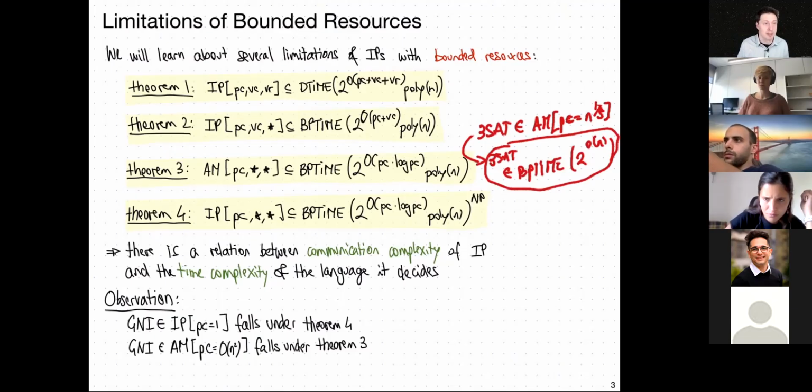Namely, it is believed that 3SAT cannot be decided by either a deterministic or even probabilistic machine in time that is 2 to the little o of n. We don't know whether that's the case or not, but it is a widely accepted complexity conjecture, that 3SAT is kind of exponentially hard. It's not just in the worst case more than polynomial time, but we do not expect some sub-exponential algorithm for deciding 3SAT.